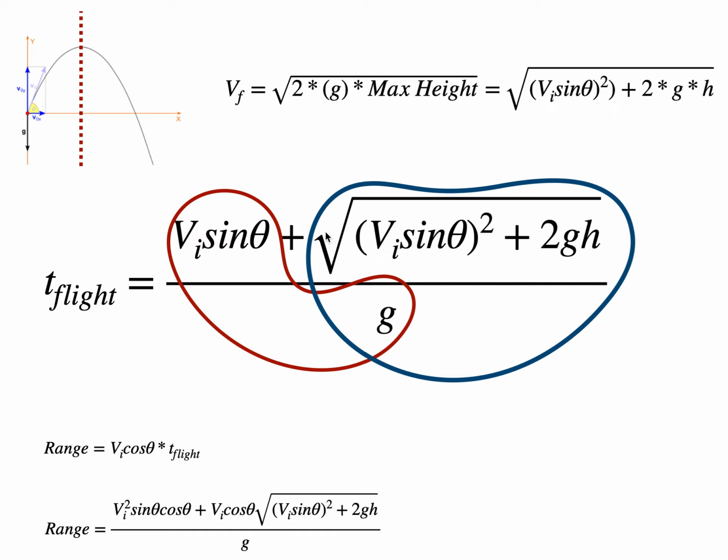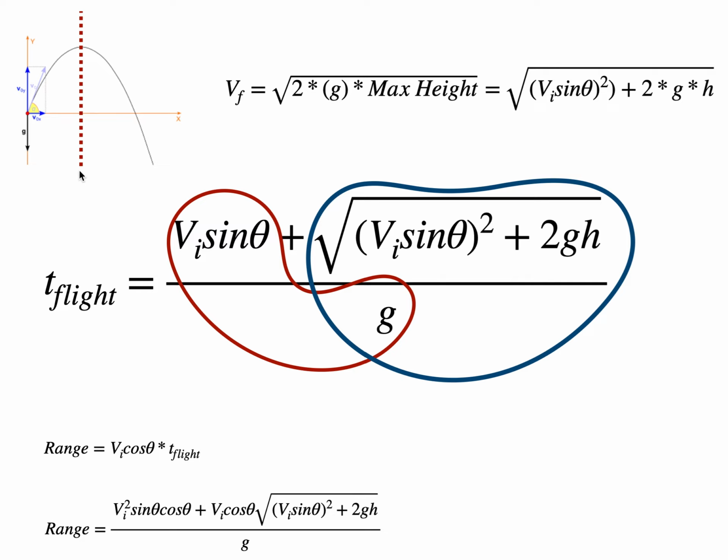And how about this blue one? We know the numerator is the same as what we just had: Vf, the velocity here, the square root of vi sine theta squared plus 2gh. So that's actually the final velocity. And dividing by g, what does that mean? That means how long it takes from the apex to get to this point. So that's the total flying time.